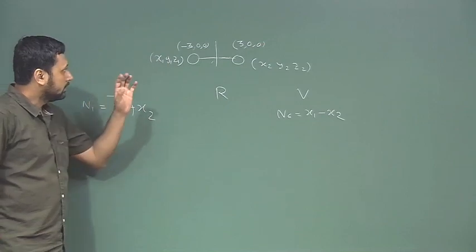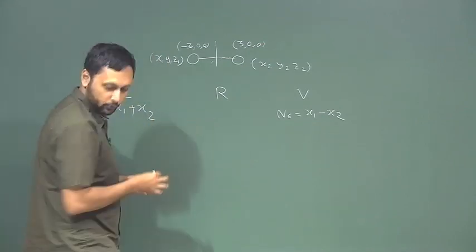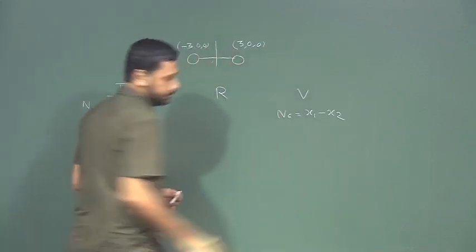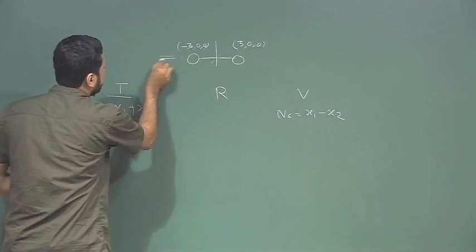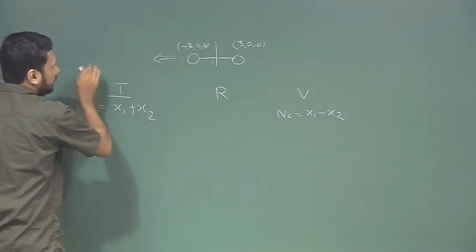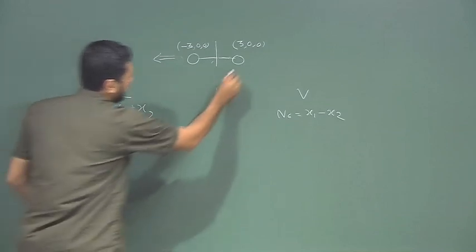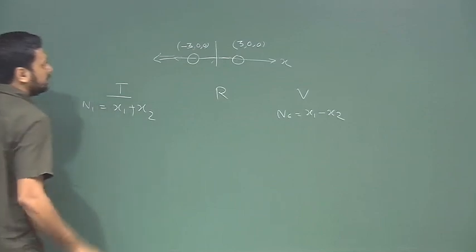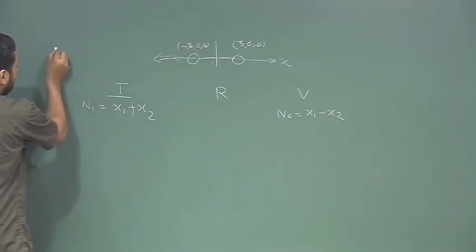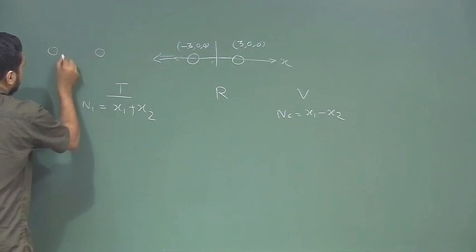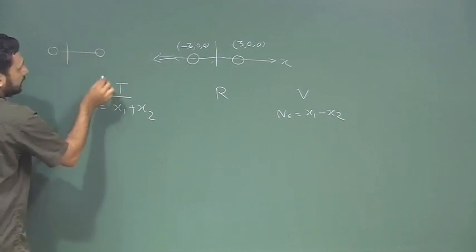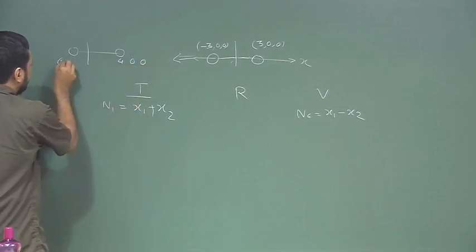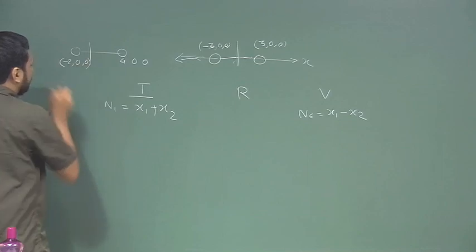Now if I translate it to a new position, towards the positive x axis, this is my positive x direction, this is my negative x direction. Now the new position is such that this one has become 4 0 0 and this becomes minus 2 0 0.